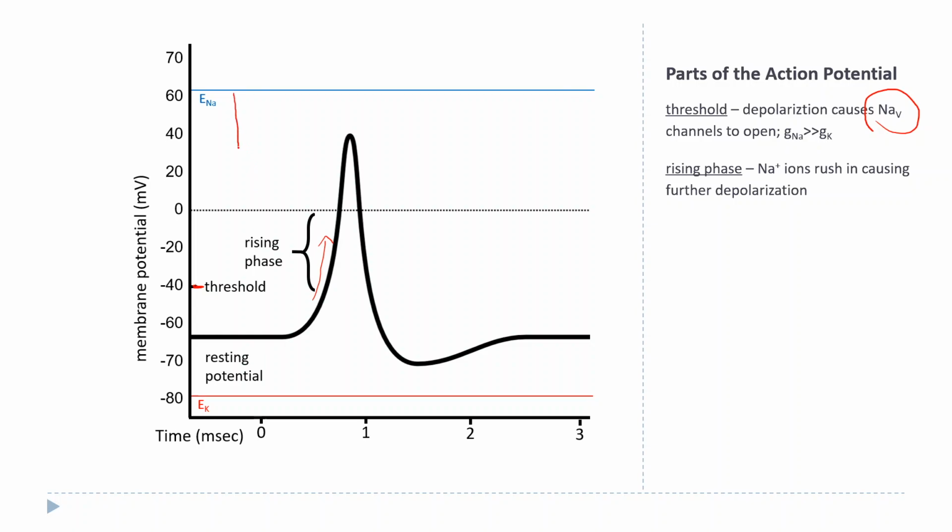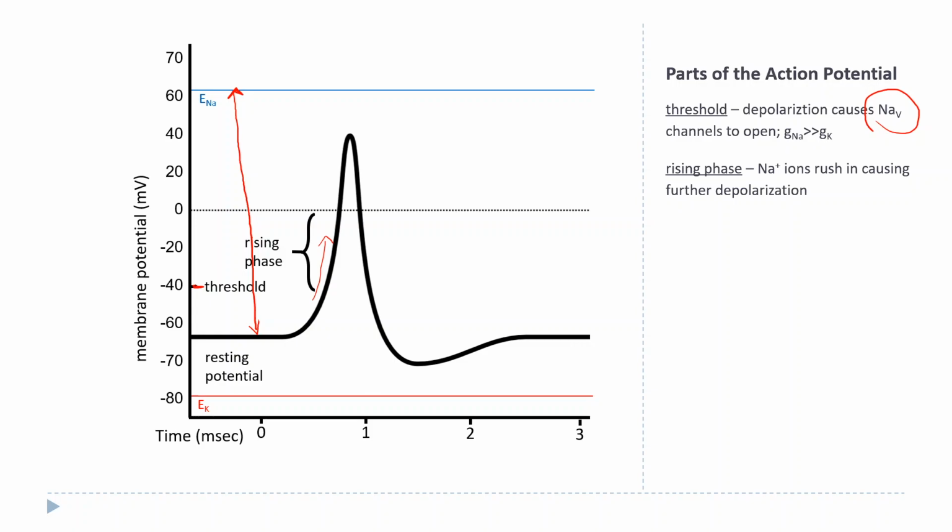That's this distance here. For a typical cell, the membrane potential at rest is about minus 60 something, and the equilibrium potential for sodium is close to plus 60 something. So that's a difference of more than 120 millivolts, and that tells you the magnitude of the current that you see during the rising phase.